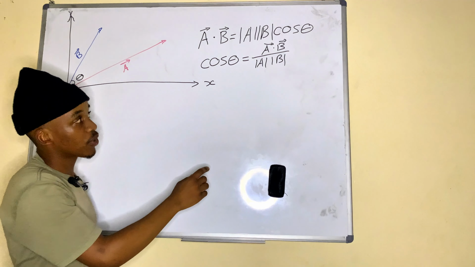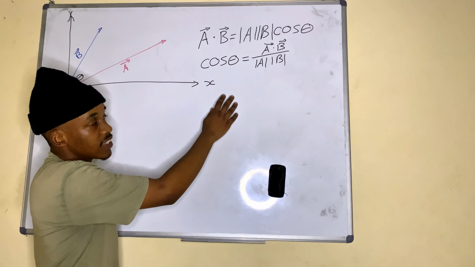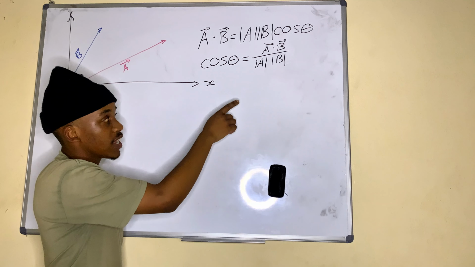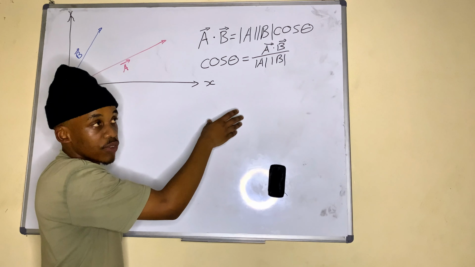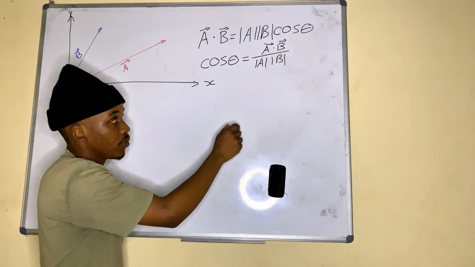Solving for cos theta, we find that cos theta is equal to the dot product of A and B over the magnitude of A multiplied by the magnitude of B.